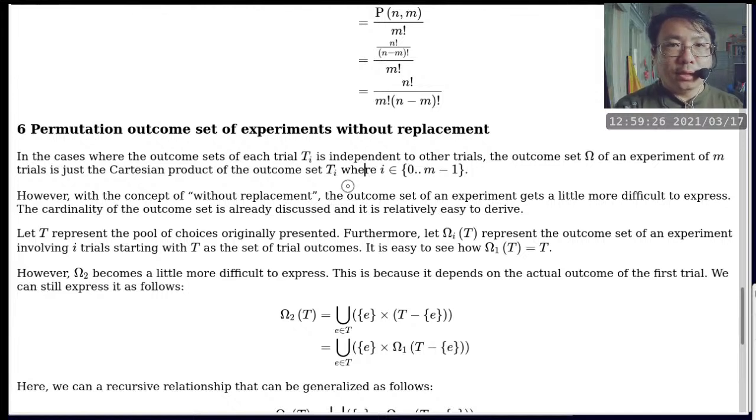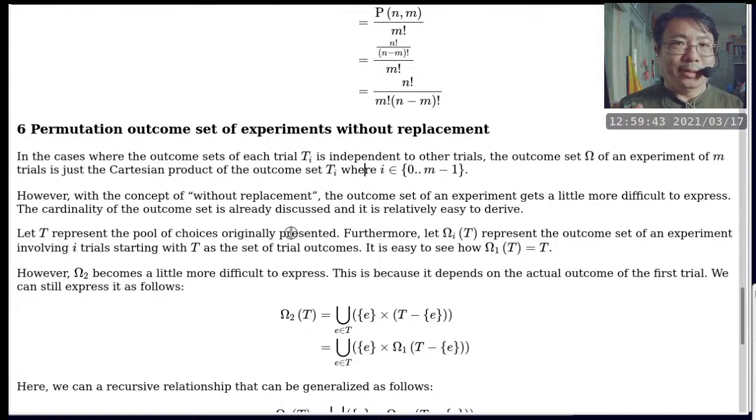Then the second notation is we use T to represent the pool of choices originally presented. In other words, T as a set is the set of possible outcomes, but only for trial 0.